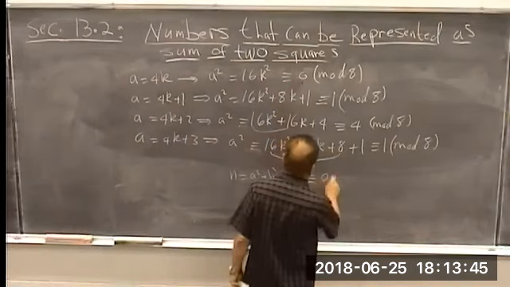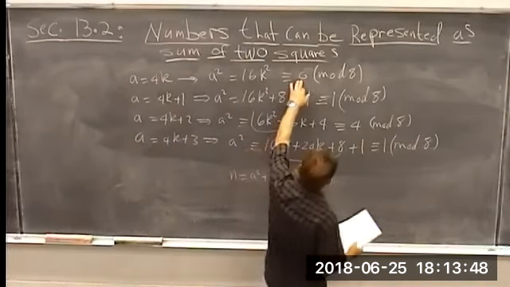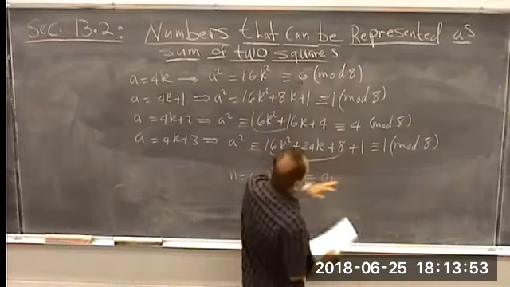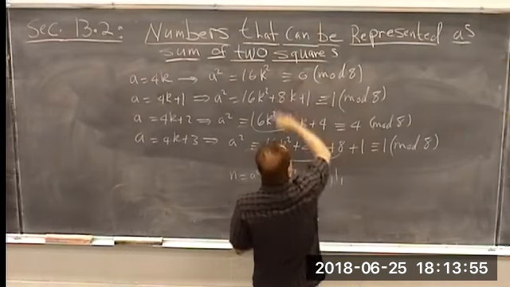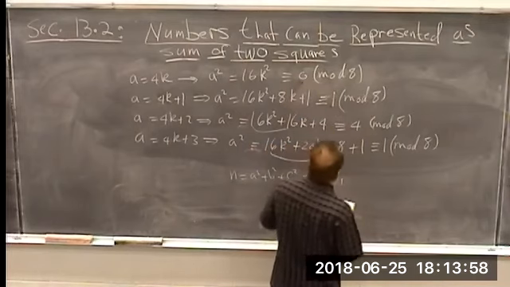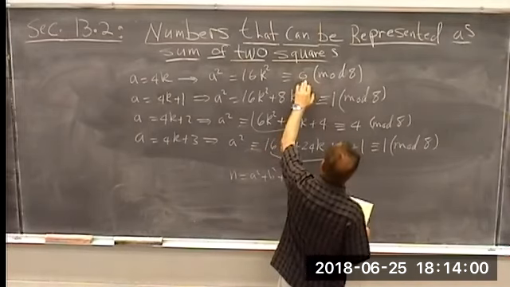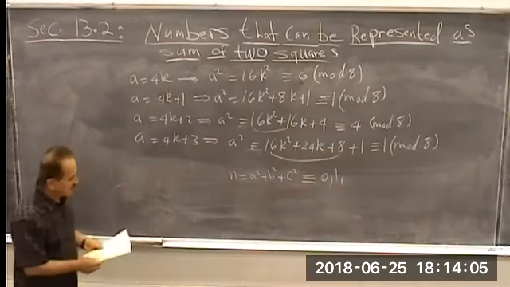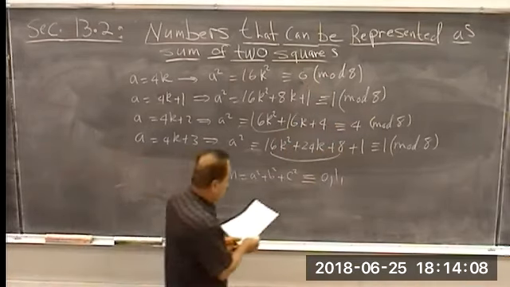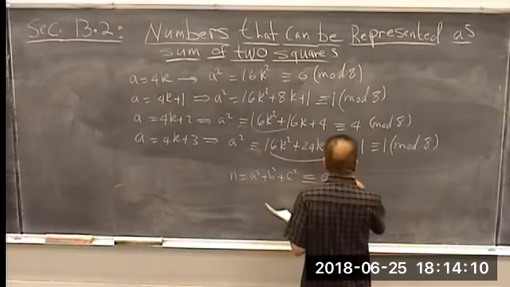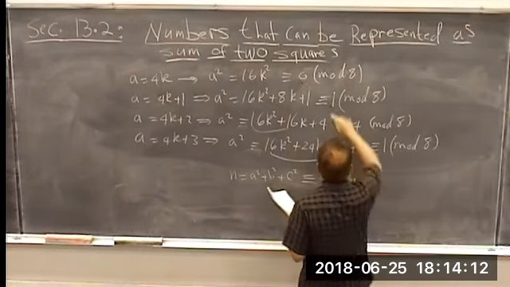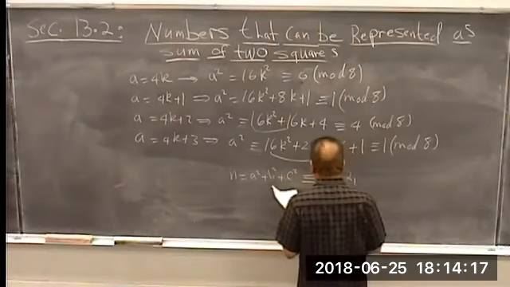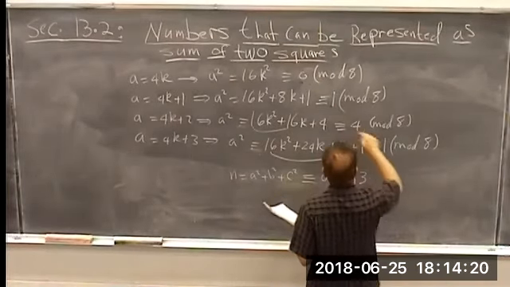So this would be congruent to 0. Let's say one is congruent to 1 and all others 0. So in other words, if you take all combinations of the possibilities 0, 1, 4, taking three of those, then you come up with these possible values: 0, 1, you can get 2 if you have 1 and 1 and the other 0, and you could get 3 if you have 1, 1, 1.